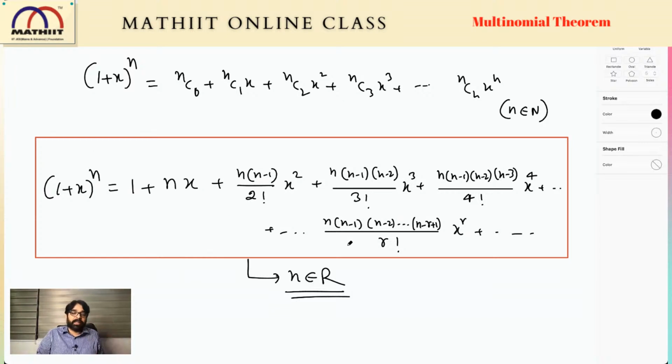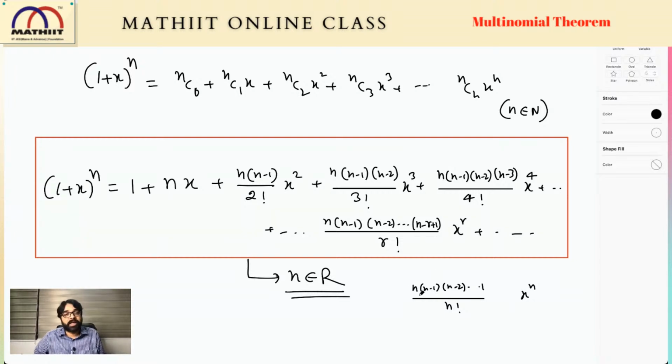One very interesting thing. Please listen carefully, everybody. If I ask you the coefficient of x power n, you will say n into (n minus 1) into (n minus 2) till (n minus n plus 1), which is 1, divided by n factorial.